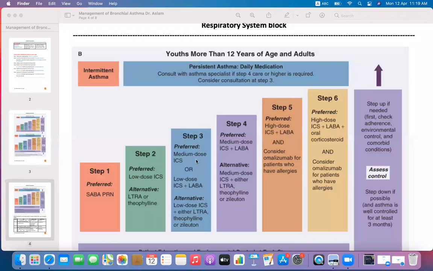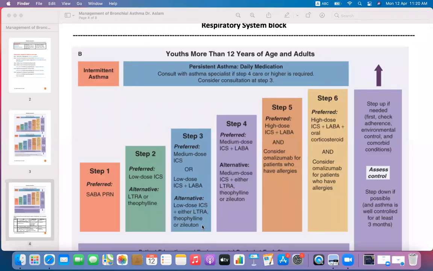Step 3: medium dose inhalational corticosteroid, or low dose inhalational corticosteroid with long acting beta agonist. And alternatives are available: low dose inhalational corticosteroid plus either leukotriene receptor antagonist, that is montelukast, or theophylline, or zileuton. Zileuton inhibits the release of leukotrienes.